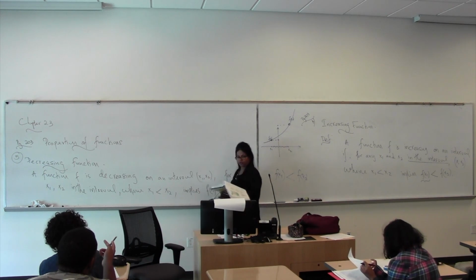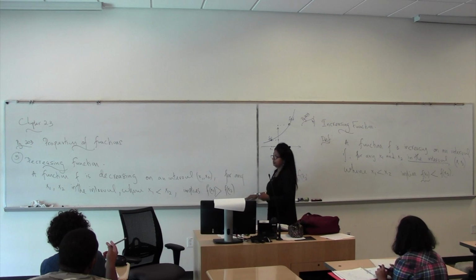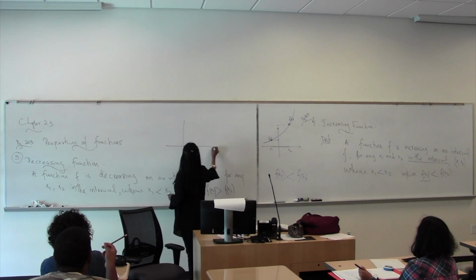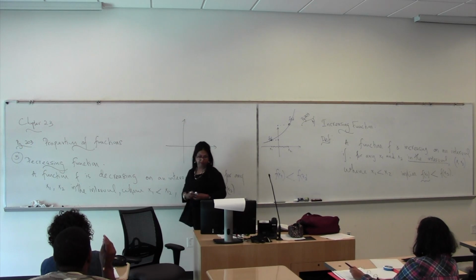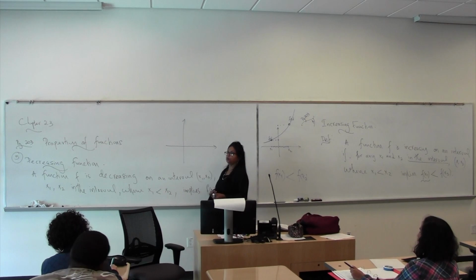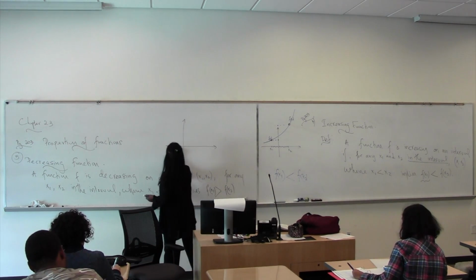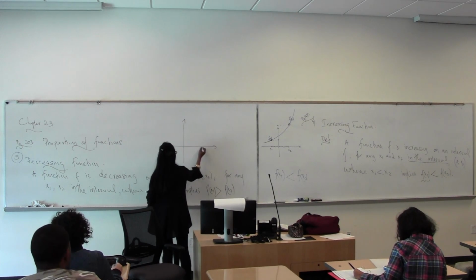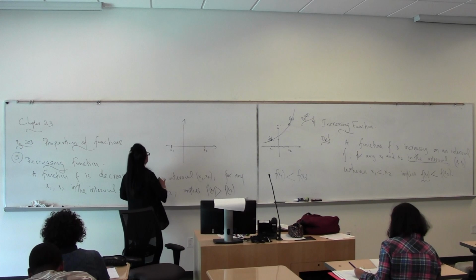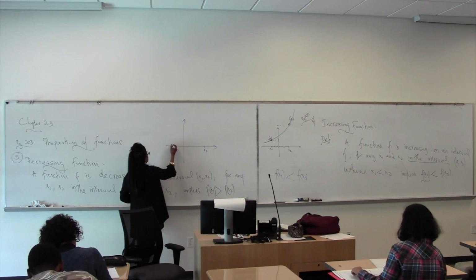So do you guys understand this? Right? So whenever a function is decreasing, this is the diagram we have to come up with. We have to pick an interval first, right? We are going to say x1, x2 is the interval in this open interval.